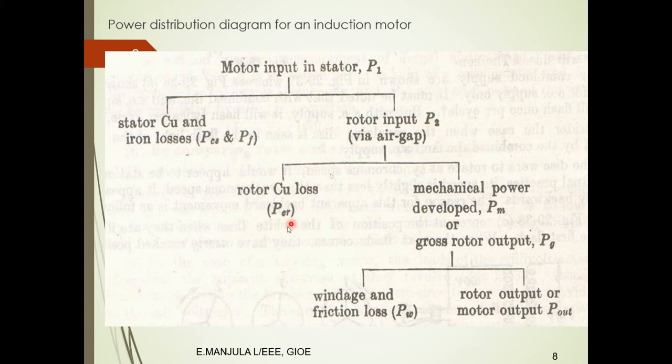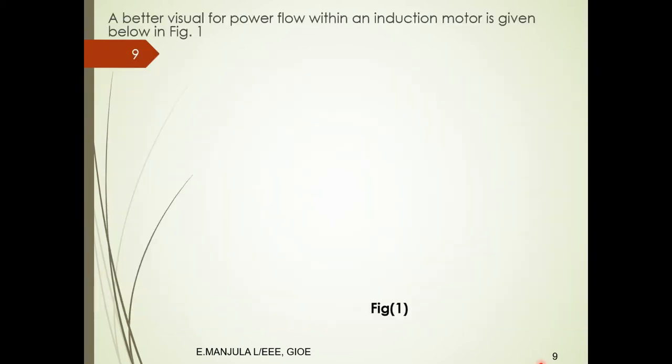These notations can be written as we wish, but when you are solving any problem, you should follow only one notation. The mechanical power is PM, also called gross power PG, the windage losses is PW, and the power output is P output.